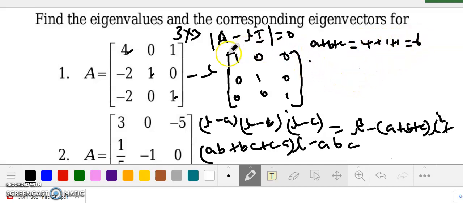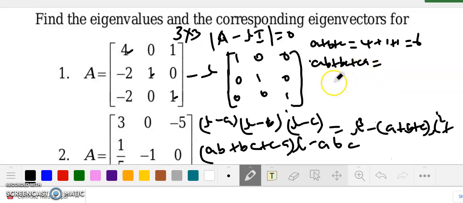The next one will be to find what is ab plus bc plus ca. So ab plus bc plus ca is nothing but the adjoint. Let the matrix be A, and to get the adjoint we must find the determinant.